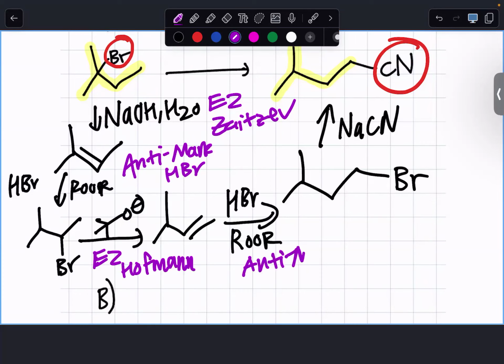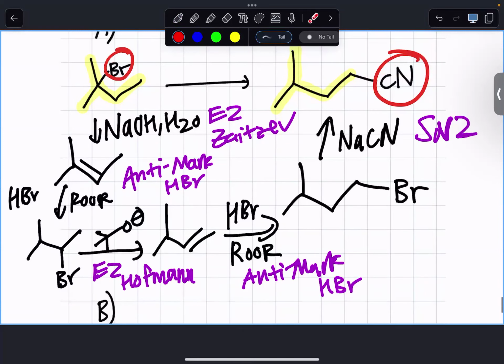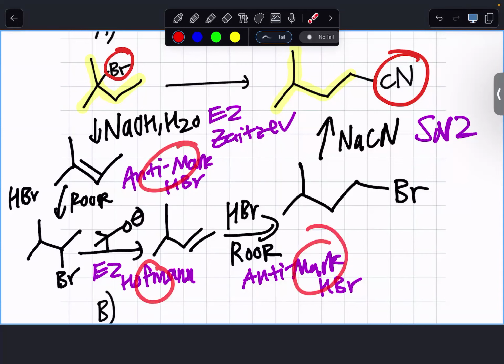The fourth step was anti-Markovnikov HBr again. And then the last step, an SN2 reaction to substitute the bromine with the nitrile. So we just crawled all the way to the end of the chain by doing a lot of anti-Markovnikov and Hofmann reactions. You know how anti-Markovnikov and Hofmann create the less substituted product? We see that the new group is on the less substituted side, so we want to crawl all the way there by doing a lot of anti-Markovnikov and Hofmann reactions.